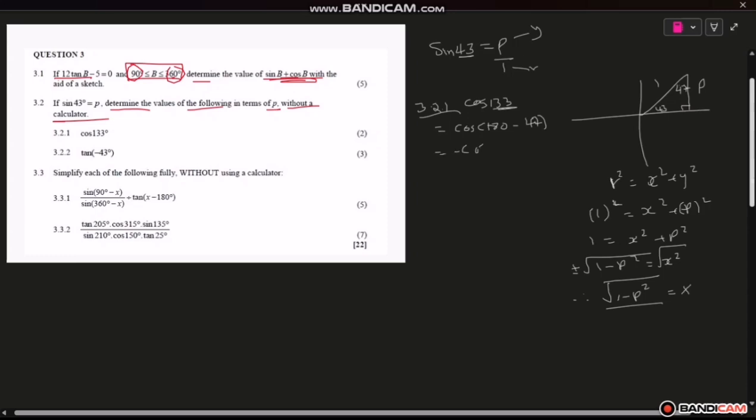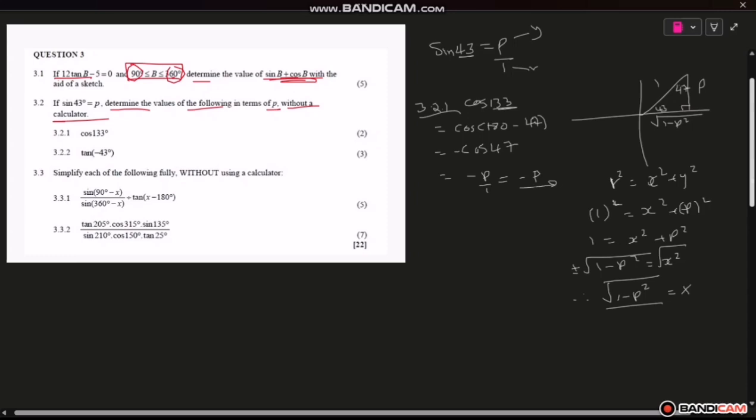Therefore, 180 minus 47 gives us 133. Therefore, it's going to be negative cos 47. Here we do have the value of X. Therefore, negative cos 47 is going to be negative P over 1. That's negative P. This is our answer.